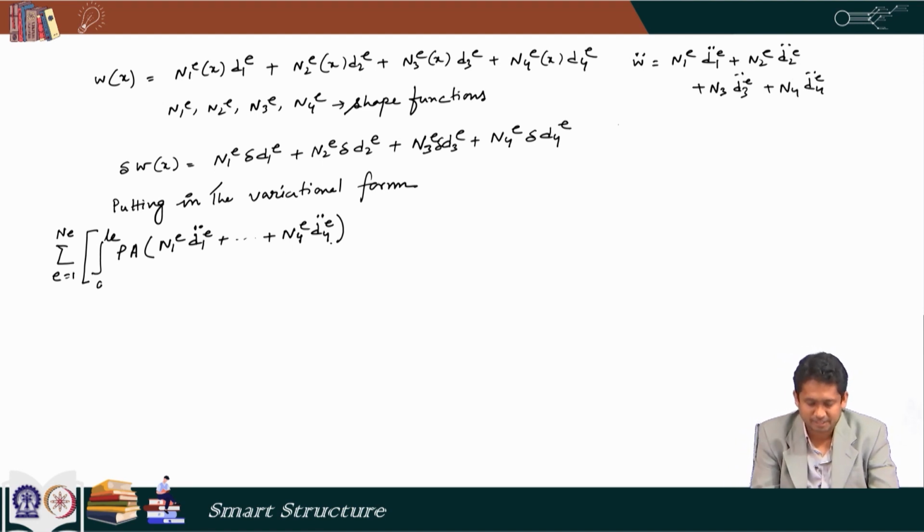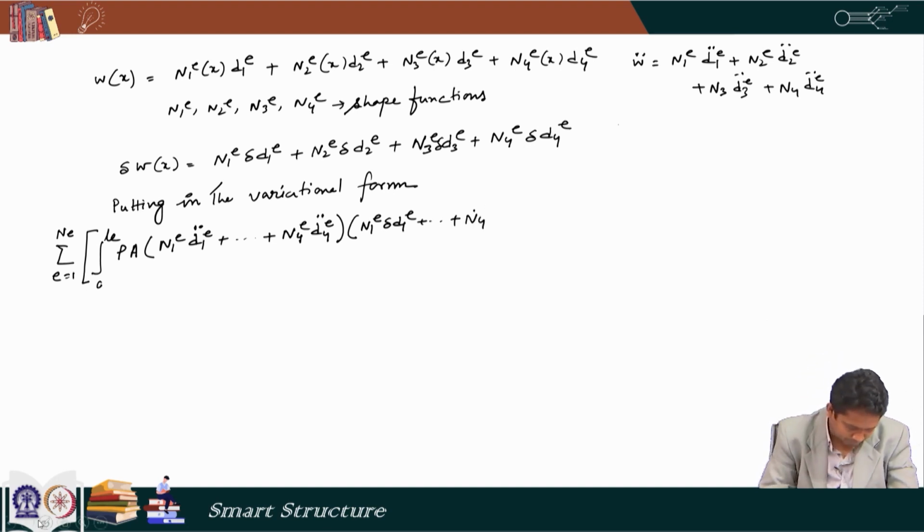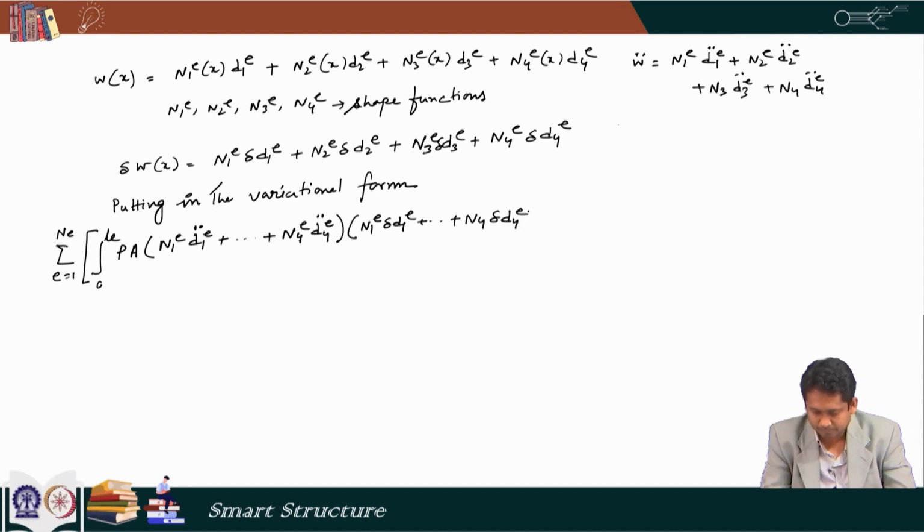So, that is what we are writing here and then we have del w. So, for that we write n1 e multiplied by a variation of d1 e and then all the way up to n4 multiplied by the variation of d4 e and then dx.